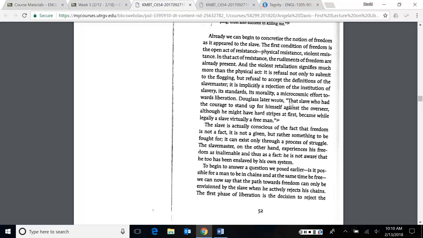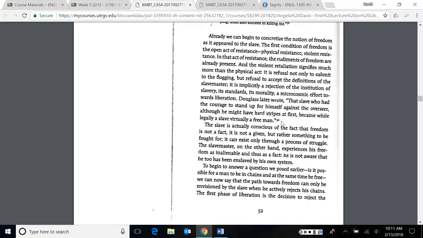He said that a slave who had the courage to stand up for himself against the overseer, although he might have hard stripes at first, became, while legally a slave, virtually a free man. And of course, this is the next point she makes, or sort of backtracking here.